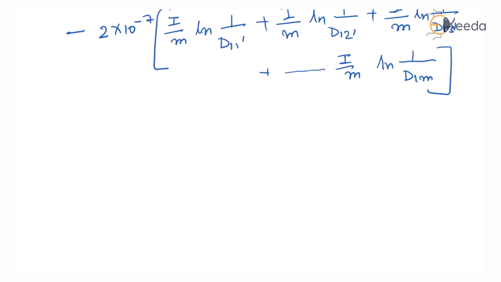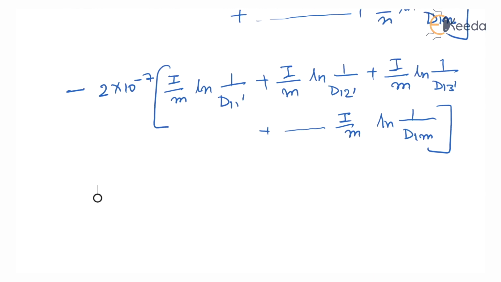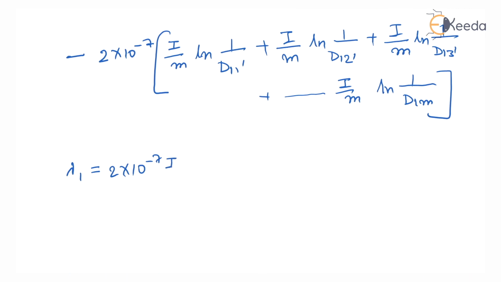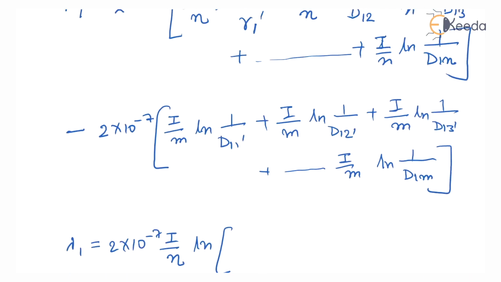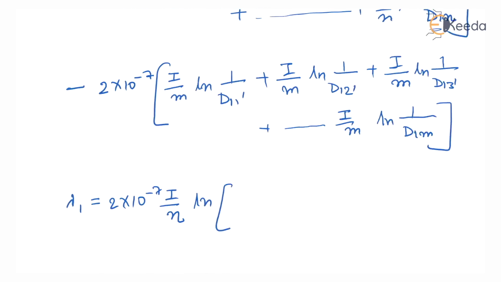Now simplifying this equation, lambda 1 is equal to 2 into 10 to the power minus 7. Take I by n common, so I by n ln, I can write this as 1 by r1 dash into d12 into d13 up to d1n.